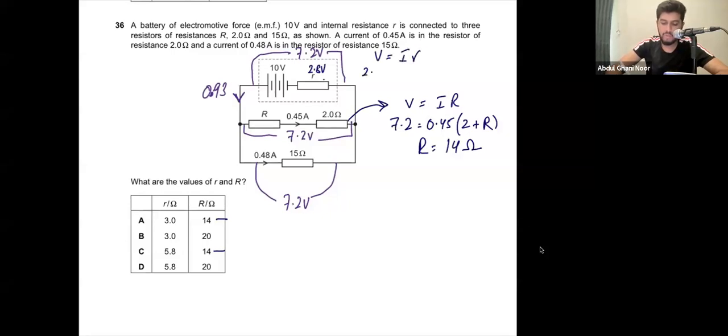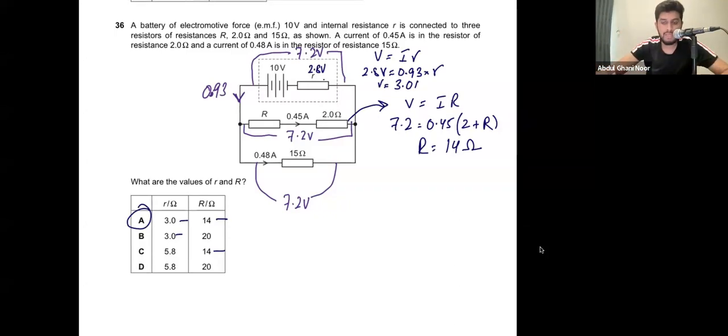I know बैटरी के अंदर 2.8 volts का लॉस हो रहा है. बैटरी के अंदर करंट कितना है? 0.93 है. बैटरी के अंदर रेजिस्टेंस कितनी है? r. So 2.8 divided by 0.93, which is the current, and that gives you the value of r is equals to 3.01. So A or B. The correct answer is A because it ticks both the boxes.